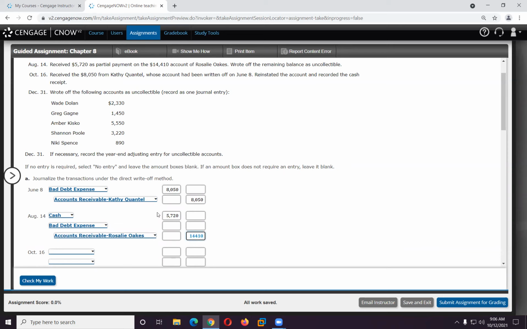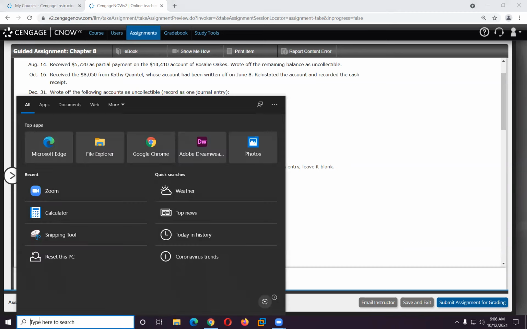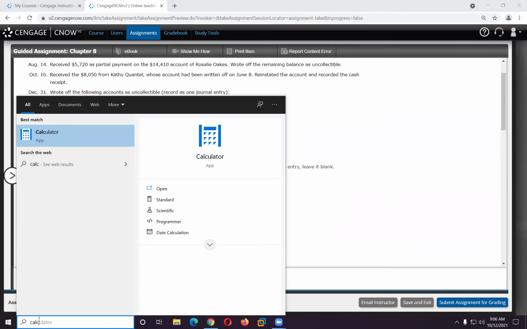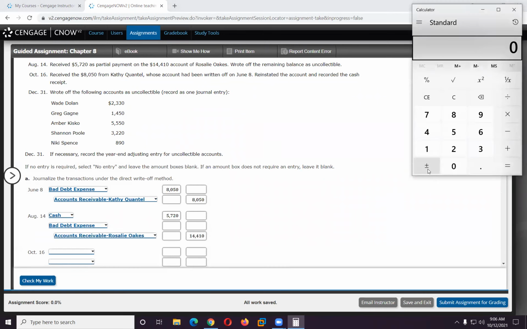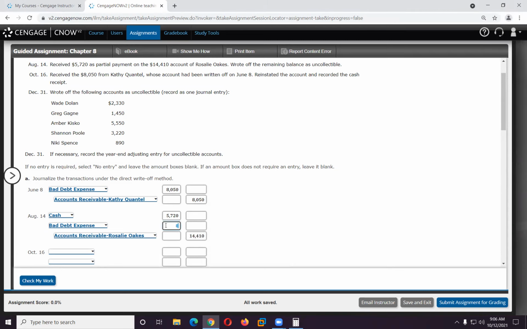So the amount that we're going to write off as a bad debt expense is the difference between how much she owed and how much she paid. I'll say 14,410, the amount she owed, minus 5,720, the amount she paid. So the difference for me is 8,690 in bad debt expense.